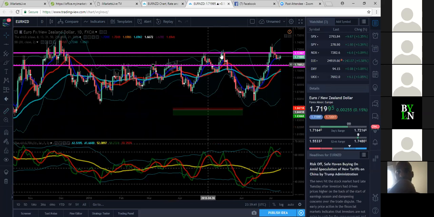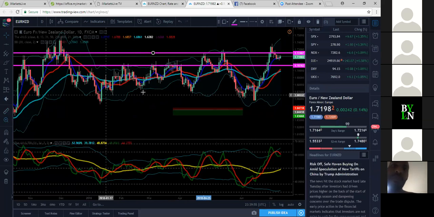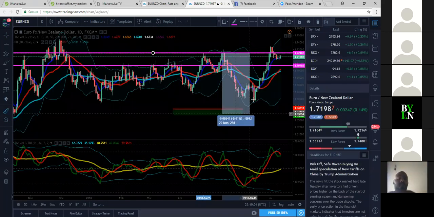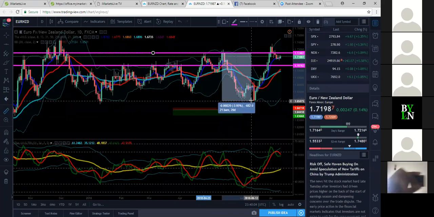Oh, I gotta get the tool again. Didn't highlight. Here we go. There we go. 671 pips.